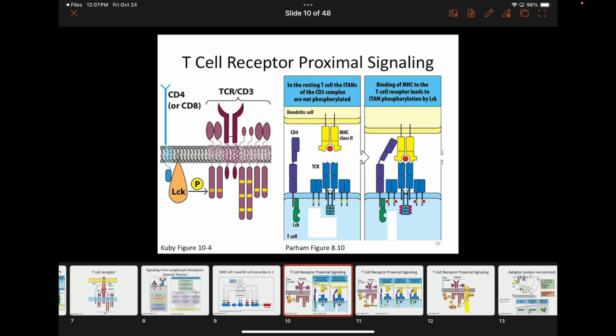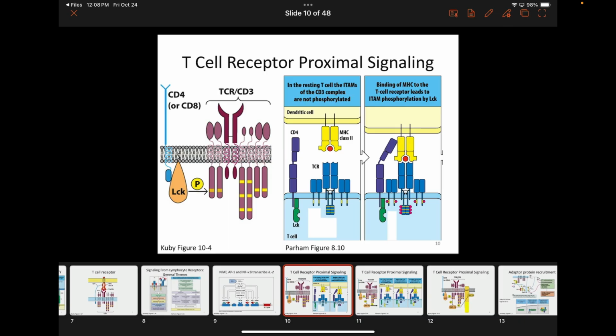And so technically, what I'm showing you in the next couple slides are receptor proximal events. They're the ones that happen right next to the receptor. They're the first things that happen after the receptor gets stimulated. And we'll see other ones later. In some ways, I call it receptor proximal signaling to remind myself for organization of what I'm talking about.